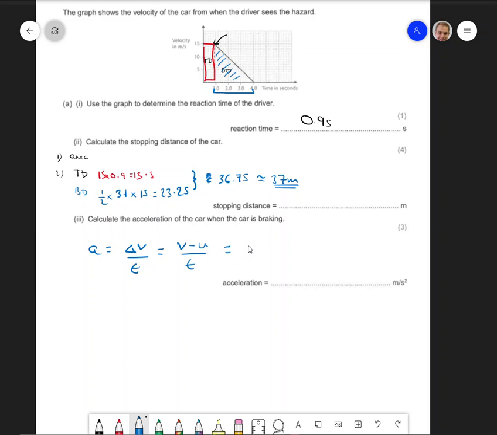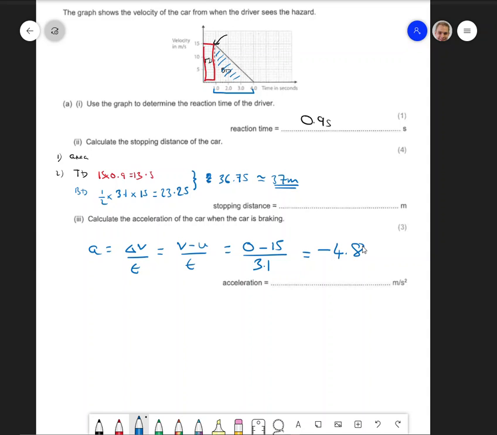Our final speed is 0. Our initial speed is 15. The time, again, is 3.1. It's not 4. We were not accelerating here. We're only accelerating once we pass the 0.9. So over 3.1, and that gives minus 4.8 meters per second squared.